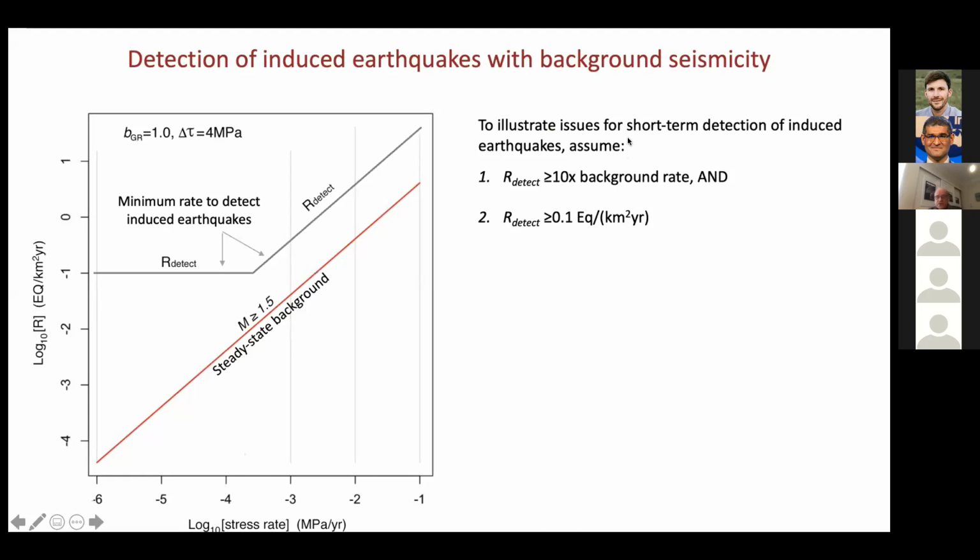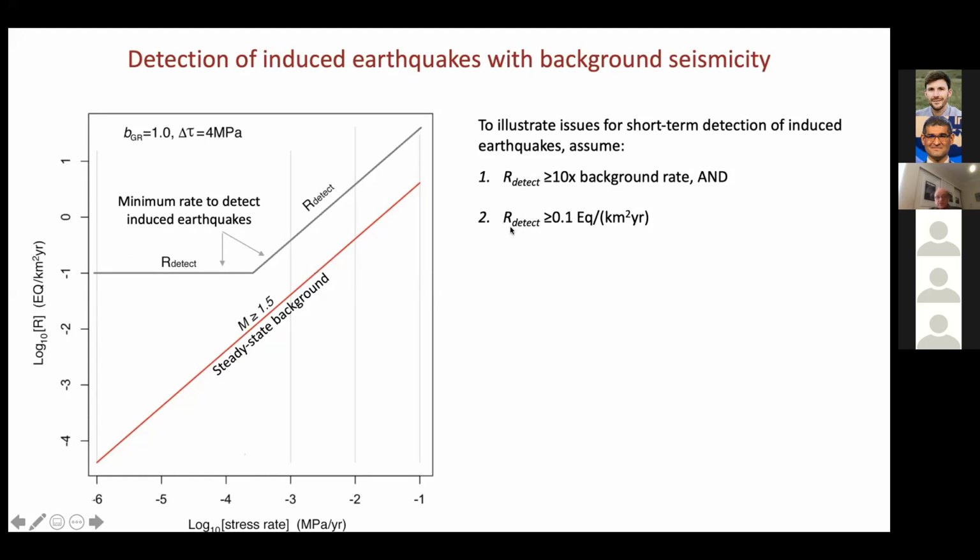For the purposes of illustrating this idea, I would argue that since the background rates certainly fluctuate with time, and that's evident in highly tectonic areas, to detect induced seismicity, it probably has to be at least 10 times the background rate, perhaps more. In addition, that level of seismicity has to be greater than some base level, which is this.